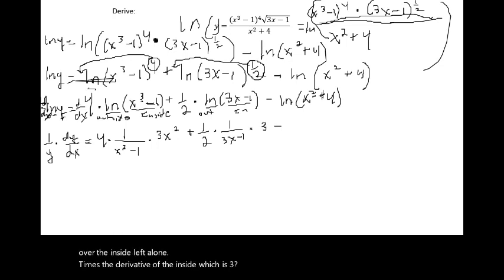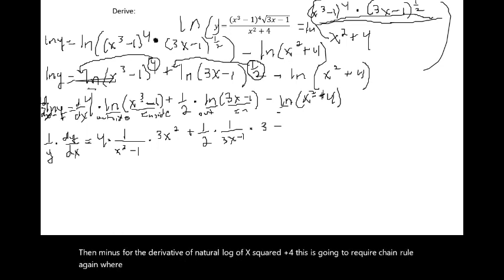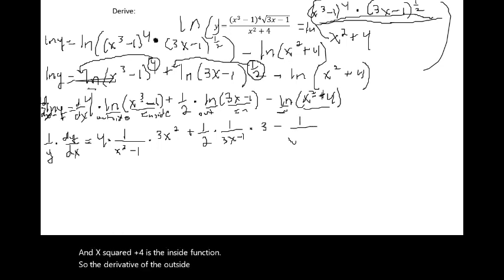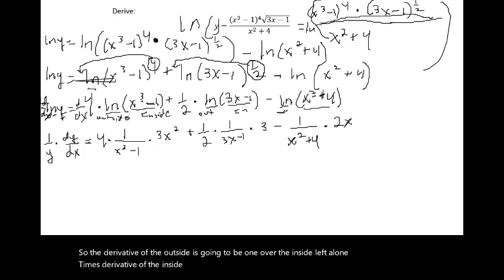Then minus, for the derivative of natural log of x squared plus 4, this is going to require chain rule again, where the natural log is the outside function, and x squared plus 4 is the inside function. So the derivative of the outside is going to be 1 over the inside left alone, times the derivative of the inside, which is 2x.